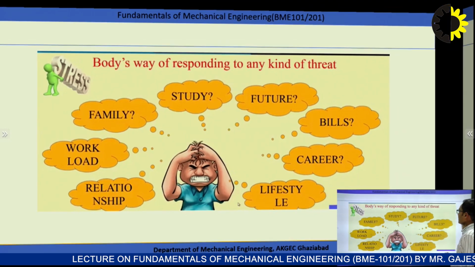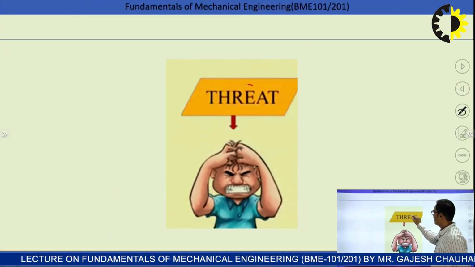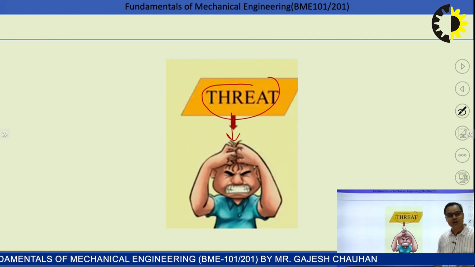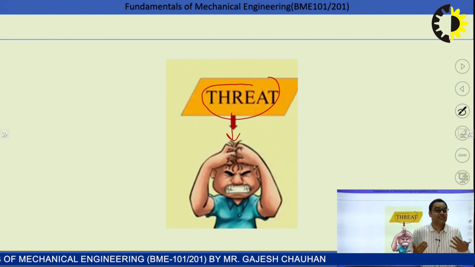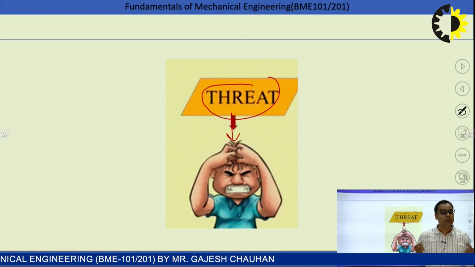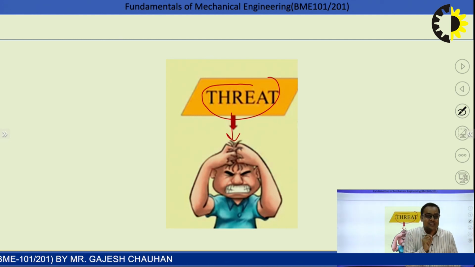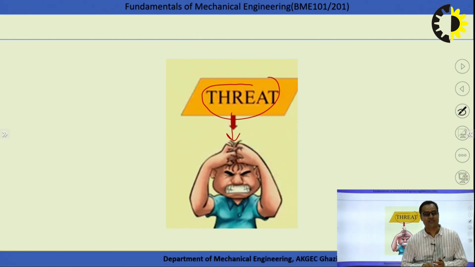So a person can be under threat, and how do these threats act over the human body, and how is the human body responding against these threats?